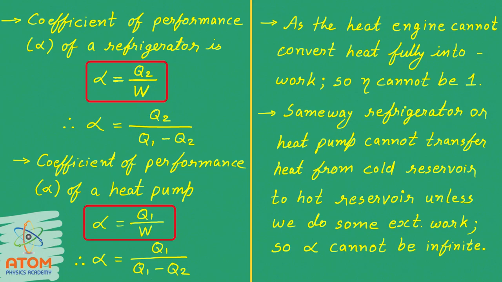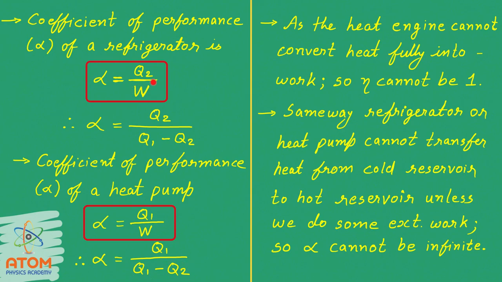But the coefficient of performance alpha for a heat pump can be written as alpha is equal to Q1 upon W. Mind well, in a refrigerator it is Q2 upon W, but in a heat pump it is Q1 upon W, where Q1 is the heat released in the hot reservoir. Again here also W can be written as Q1 minus Q2, so the equation becomes alpha is equal to Q1 upon Q1 minus Q2.